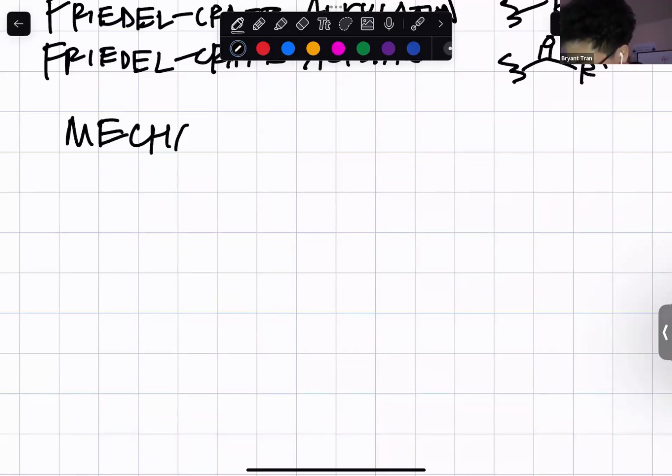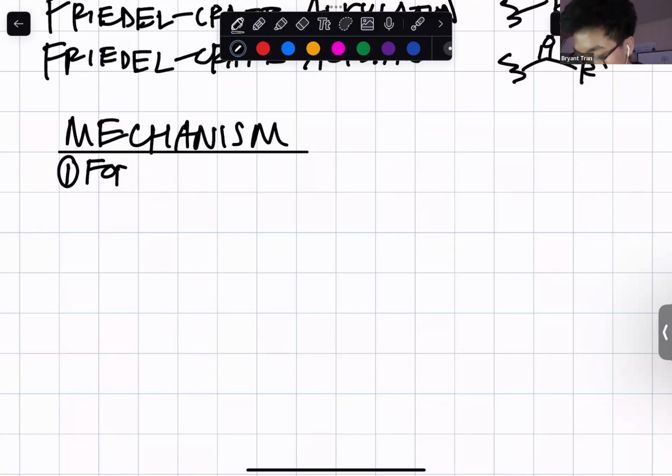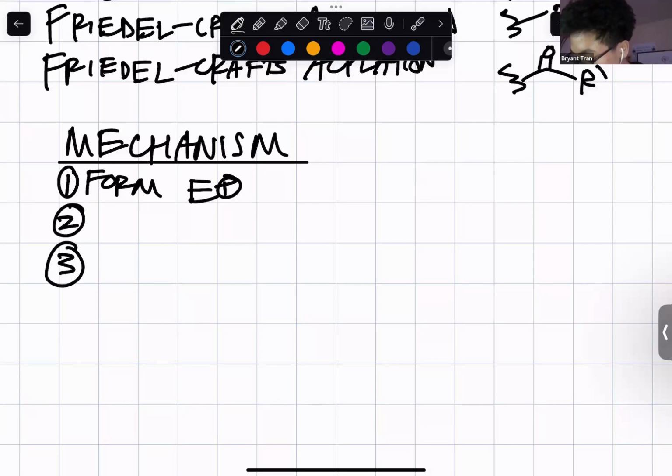Very general mechanism. It's 3 steps. The first step is to form your electrophile. That's the hardest step of the mechanism. Form the electrophile because it's different for all the reactions. Once you have the electrophile, however, steps 2 and 3 would be very similar to each other. The second step is to do addition.